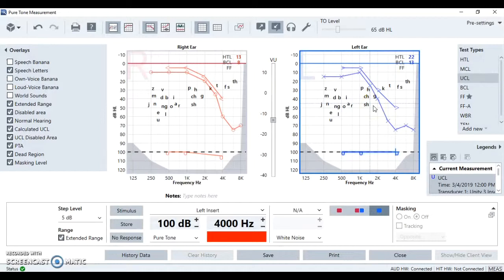And it's those consonants that are the most important for understanding speech, the clarity of the words. Okay, and that's the main concern most people have, is understanding speech. Most people can still hear somebody talk, especially in a quiet one-on-one environment.